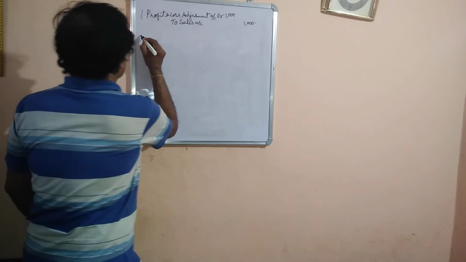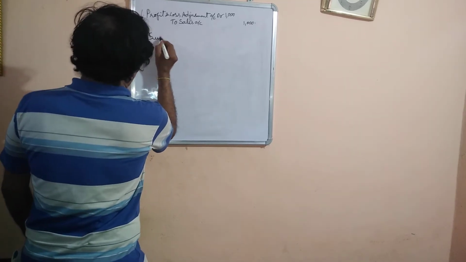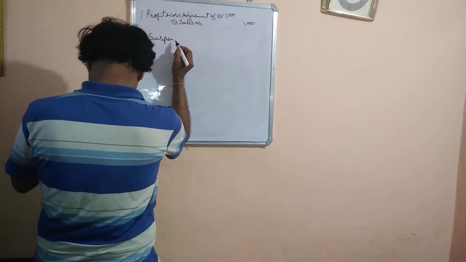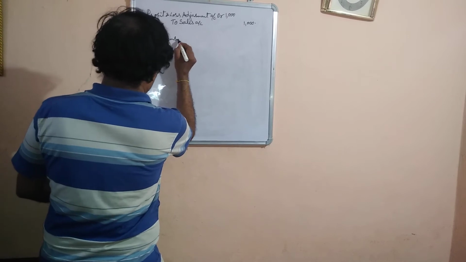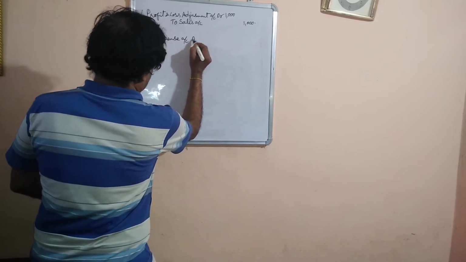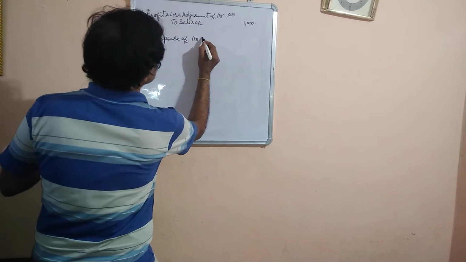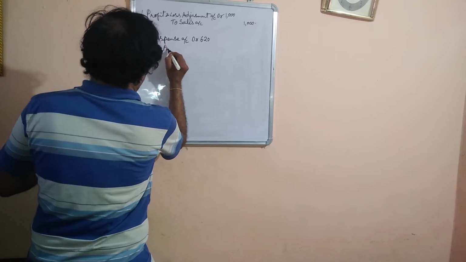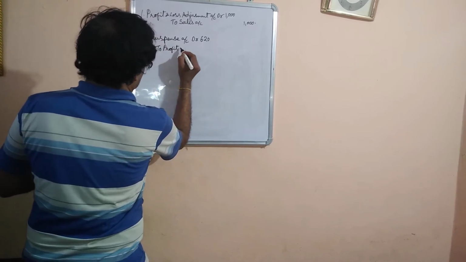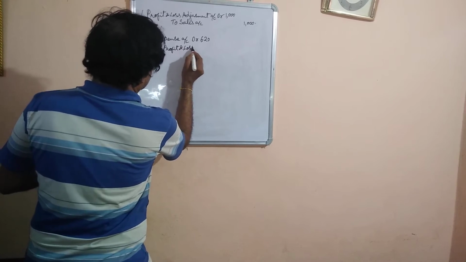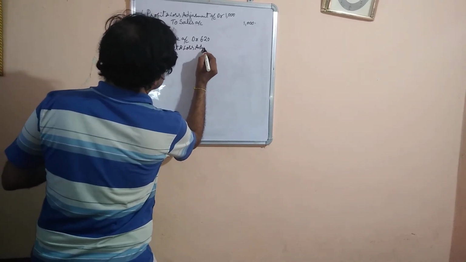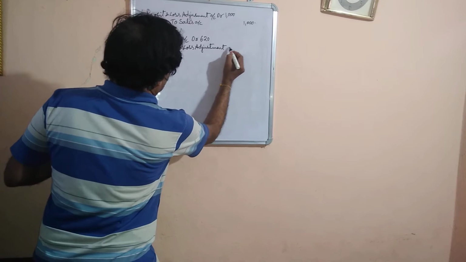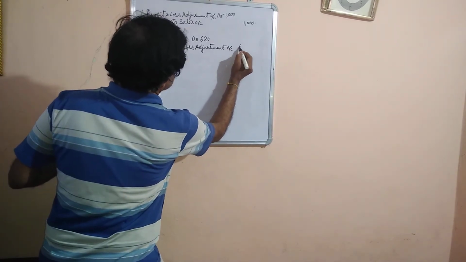So the second entry is suspense account debit 620, to profit and loss adjustment account 620.